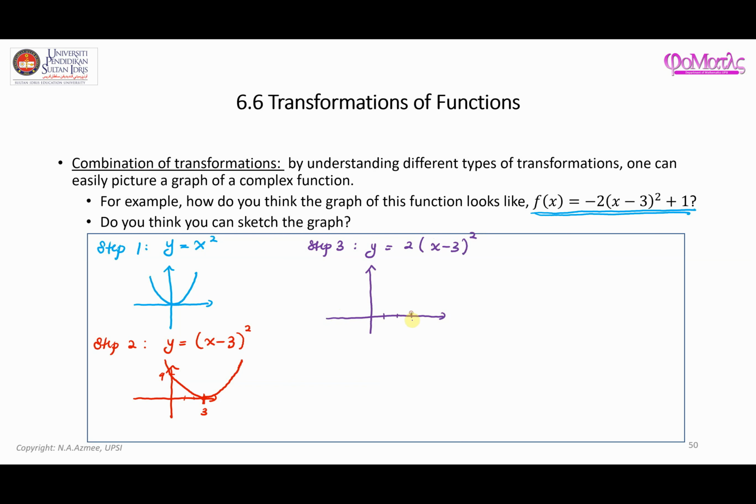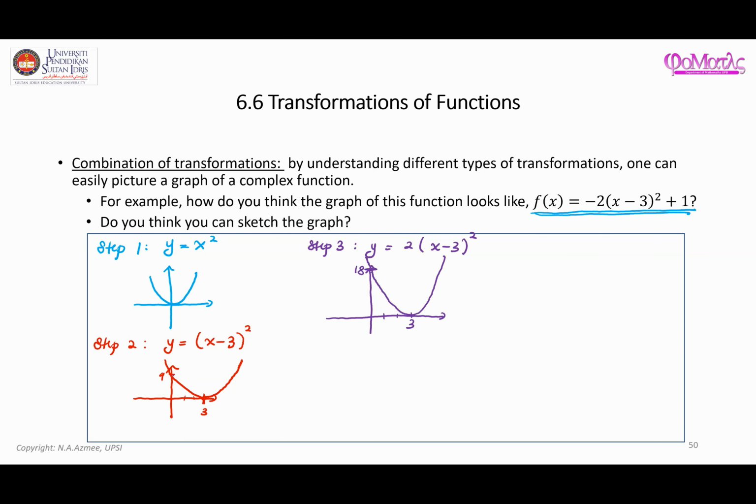So it looks the same. This is still at 3, but the intersection with the y-axis will be at a different point. So here, if this is originally at 9, for this one it will be multiplied by 2, so this will be at 18. I hope you get the idea.